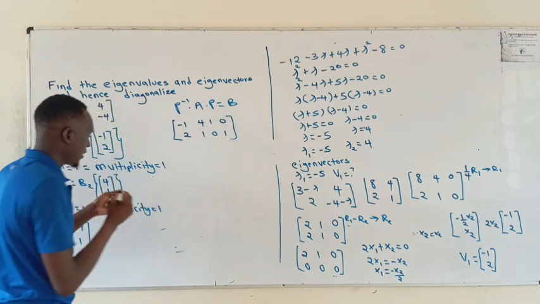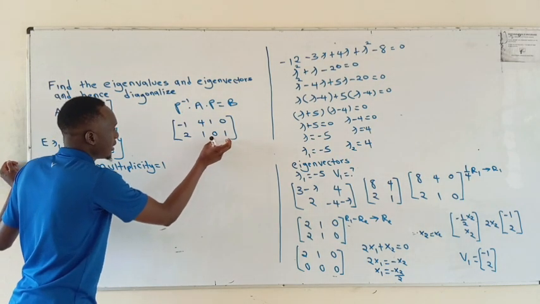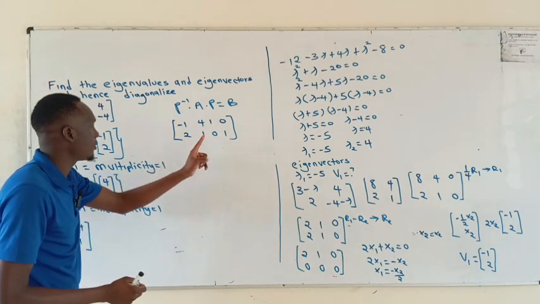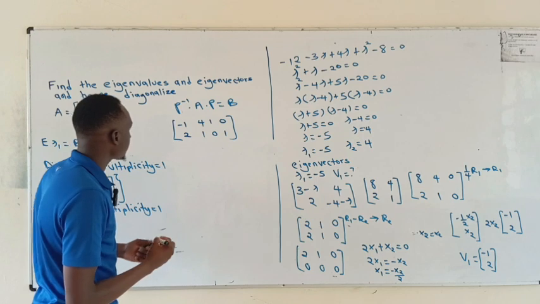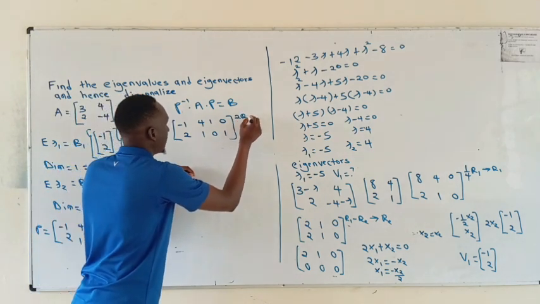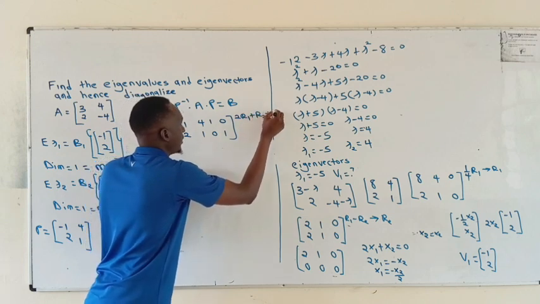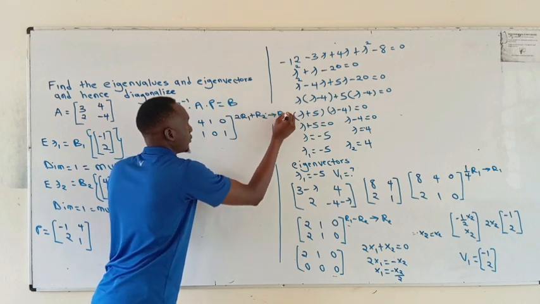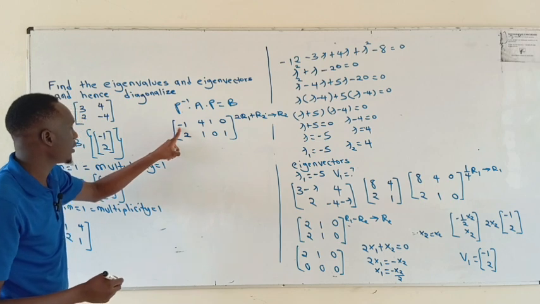Now to find the inverse, we perform a row reduction until the identity matrix on the left appears on the right. 1, 0, 0, 1 should appear on the right. Let's have 2 R1 plus R2, our answer to R2. 2 times negative 1 is negative 2.